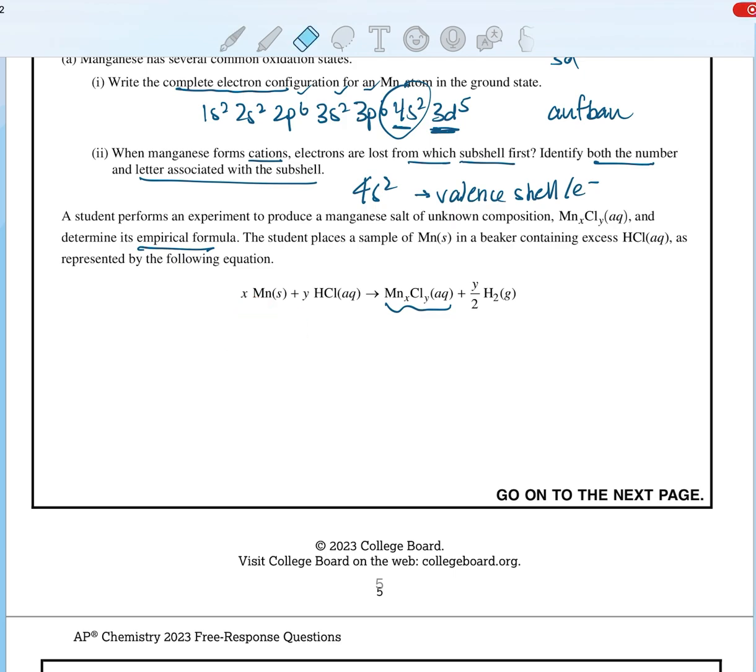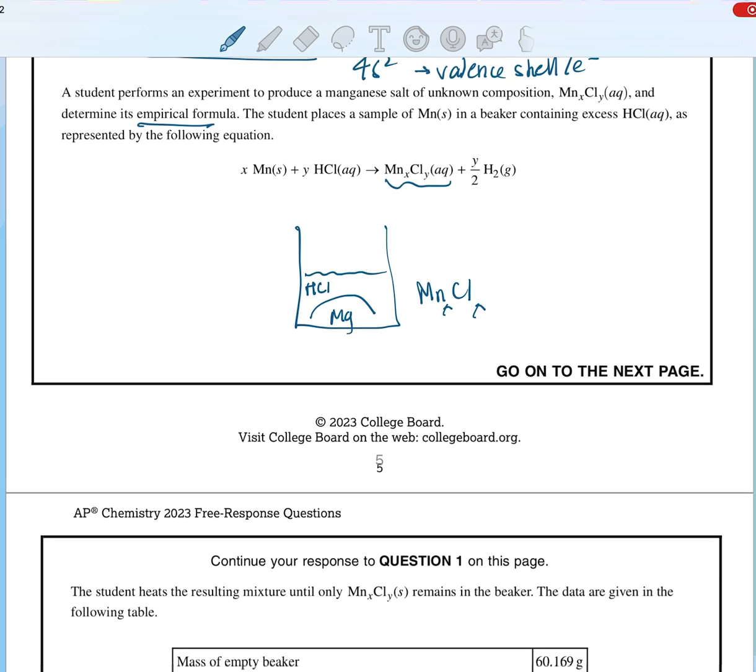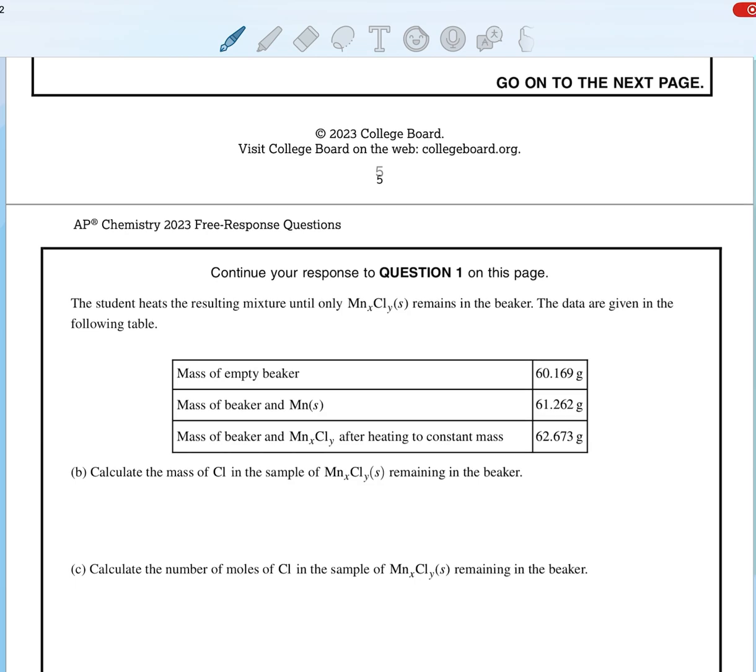So if you want to envision this little experimental setup, you have a little beaker, you're going to put in a solid chunk of manganese, you're going to put HCl on top of that. We don't know how much yet, so we're going to mix these reactants together. And when you do that, you will get hydrogen gas as a byproduct, and then you'll get some sort of manganese chloride salt, but we don't know what the subscripts are. Okay, so with that information, what are we being asked to do?